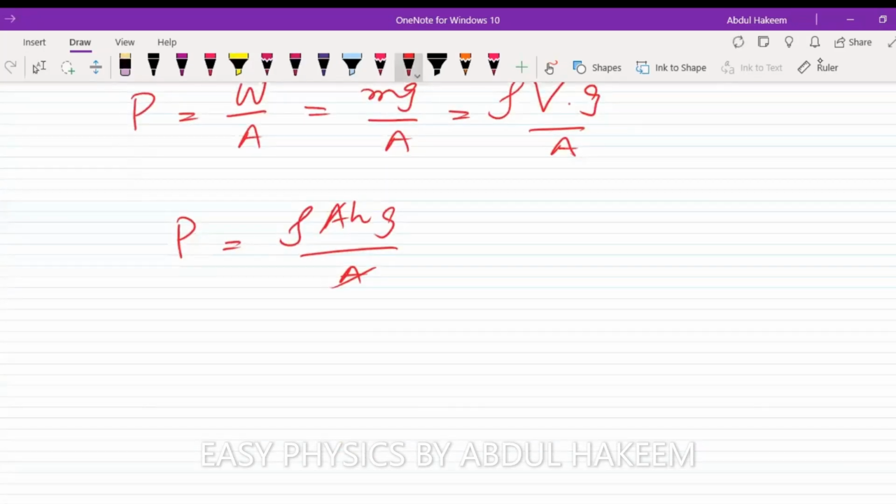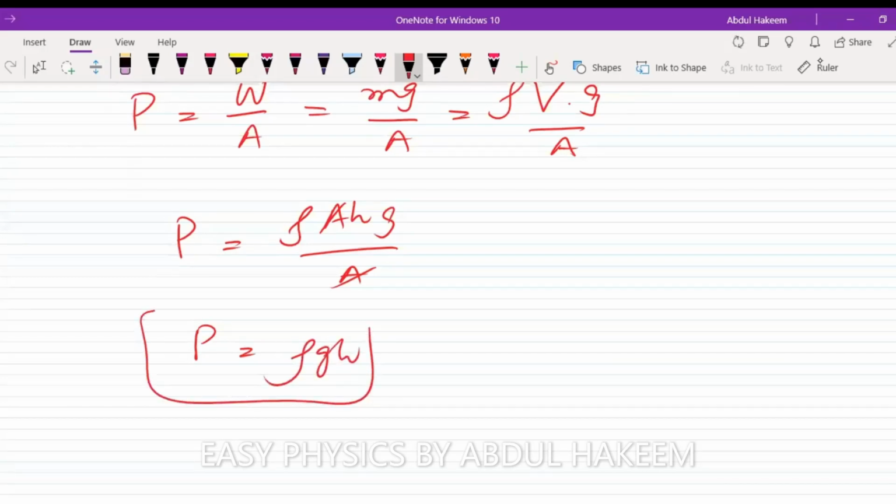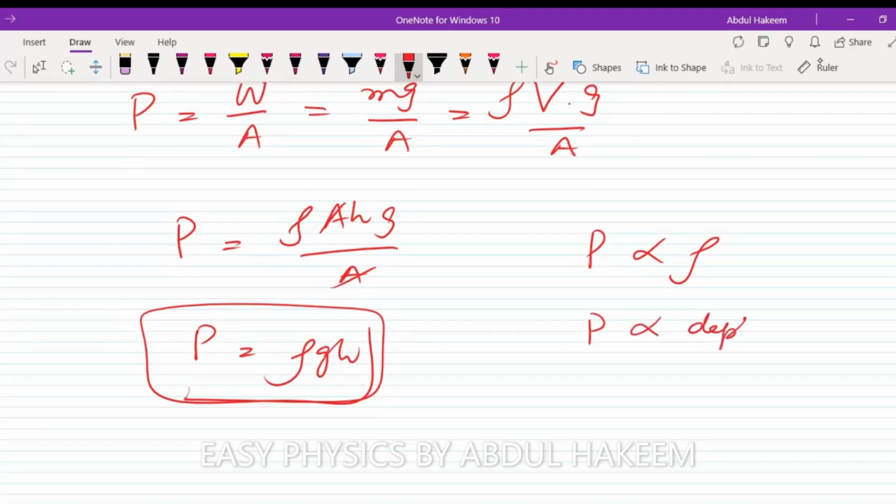So the pressure is equal to ρgh. Meaning the pressure is directly proportional to density, and the pressure is directly proportional to h, and the h is the depth here, not the height.